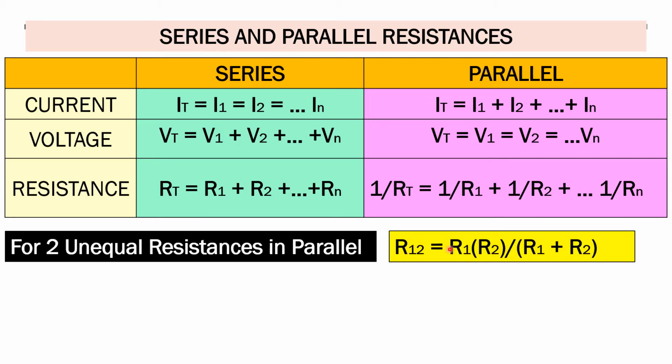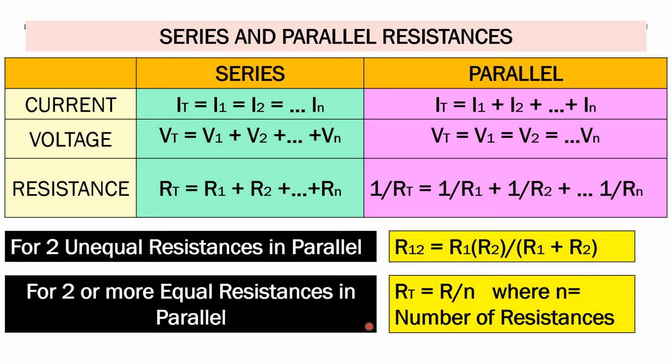If two unequal resistances are connected in parallel, we just use the formula R sub 1,2 is equal to the product over the sum. That is R1 times R2 divided by R1 plus R2.